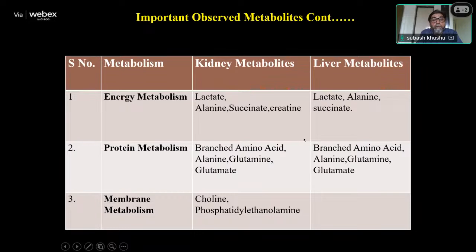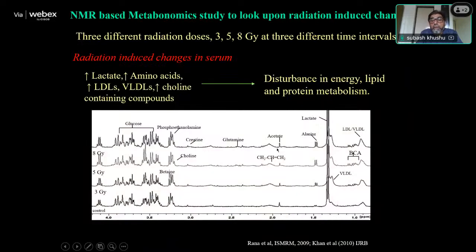So this is where we have shown a spectrum from the control mice, and then mice which are exposed to 3 gray, 5 gray, and 8 gray radiation. You can see the spectral patterns, and we have seen that there are radiation induced changes in serum, and an increase in lactate, amino acids, LDL, VLDLs, and choline containing compounds, which shows the disturbance in energy, lipid and protein metabolism in these irradiated rats.